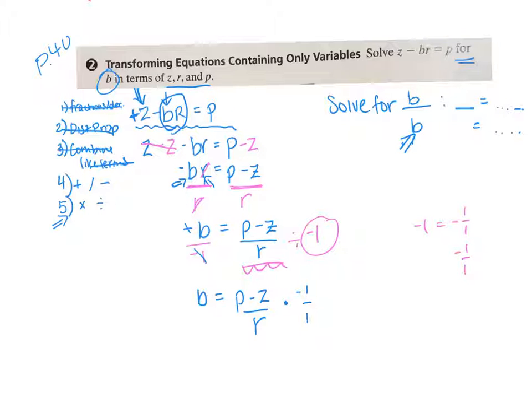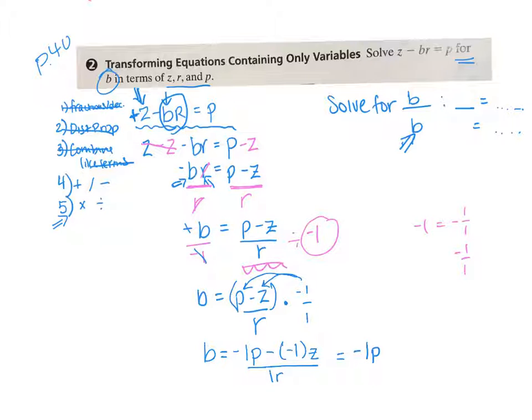Okay, now I can just multiply through, and this is the distributive property. It's got to go to both. So negative 1P minus negative 1Z over 1R. Let's simplify this a little bit.